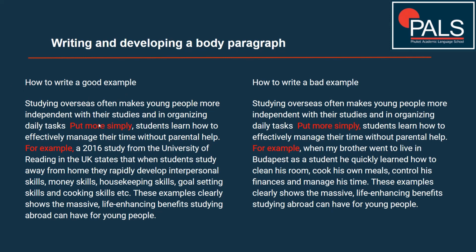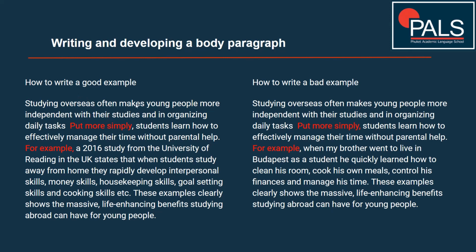You'll notice I've put some of the linking language here in red. Topic sentence, and just for your information, this is not a perfect body paragraph by any means. It's just an extract to illustrate good and bad examples. Topic sentence: Studying overseas often makes young people more independent with their studies and in organising daily tasks.